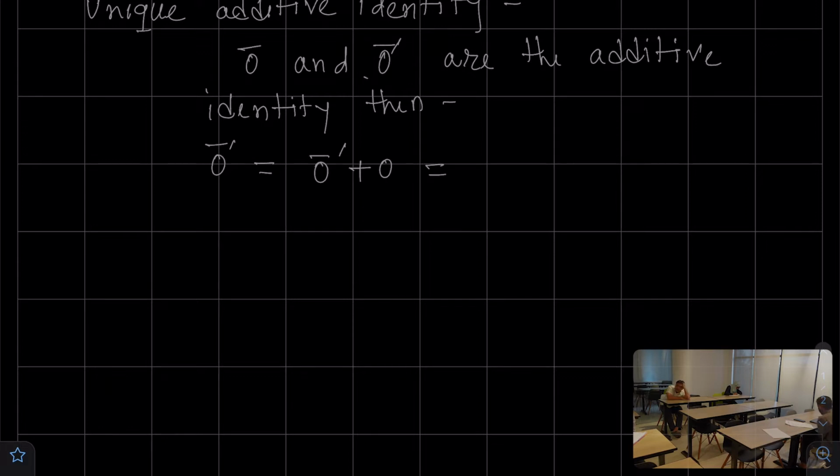But 0 vector prime is also an additive identity, so this is also an additive identity. That means this equals the 0 vector. These are simple proofs, so I'm not going to do all of this here.